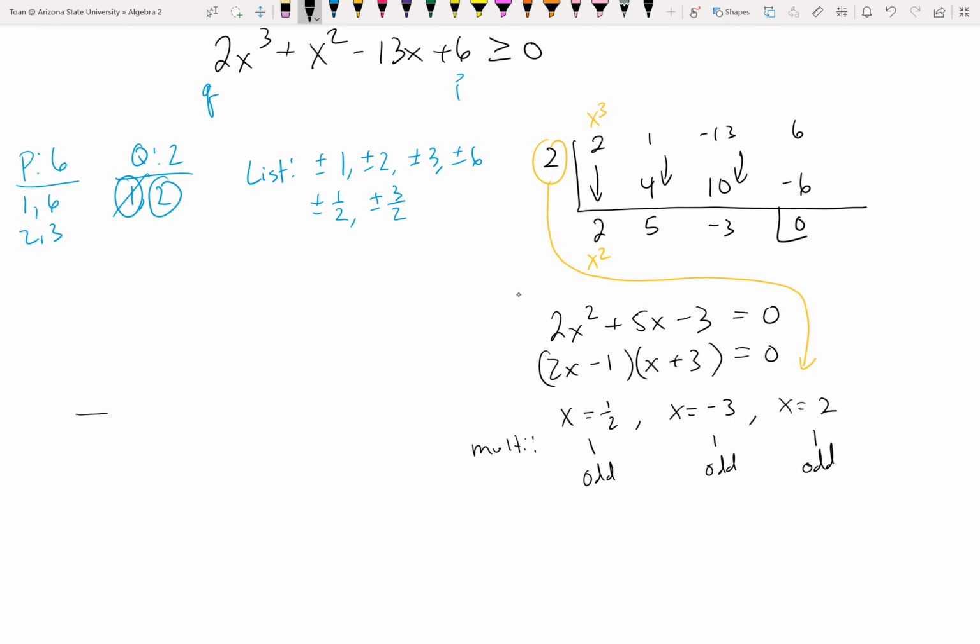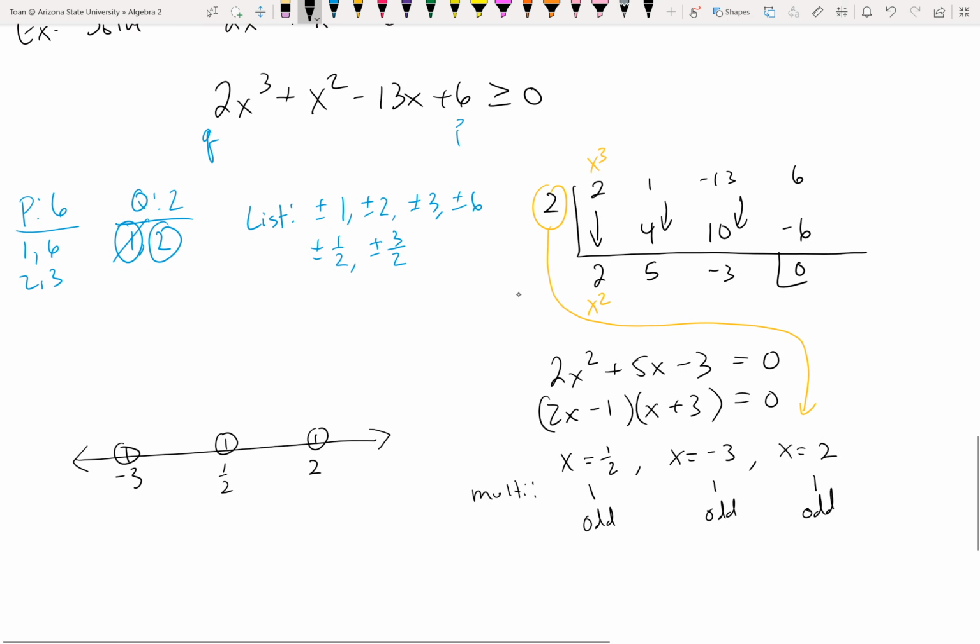So now I can make my sign diagram. So we have x-intercepts of -3, 1/2, 2. Let's check our inequality. Because our inequality has a little line underneath it, we need to fill these in. And, oh, we need our end behavior.